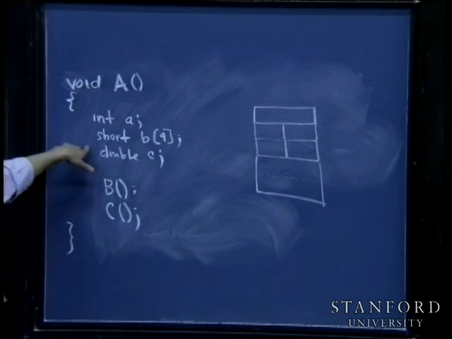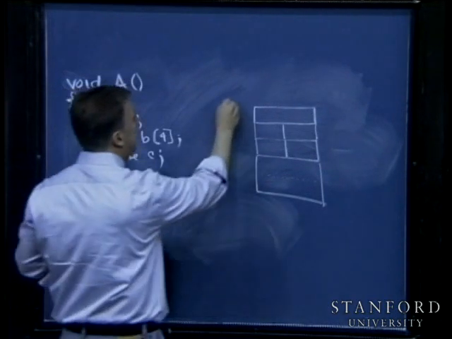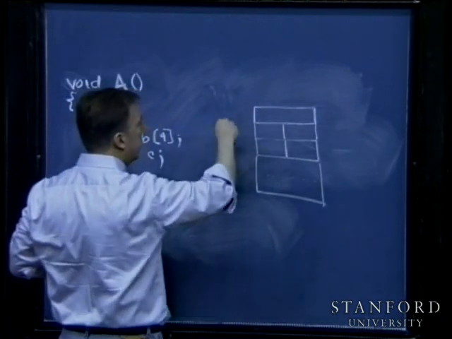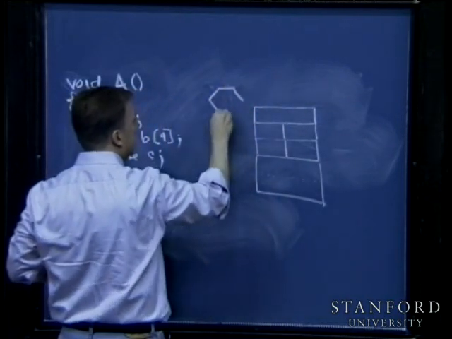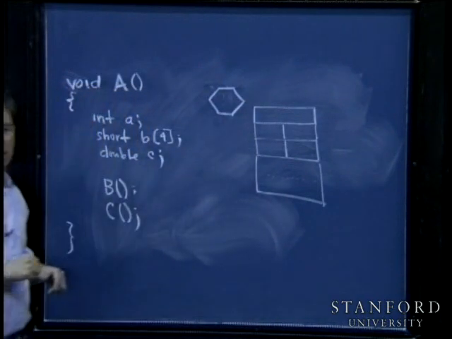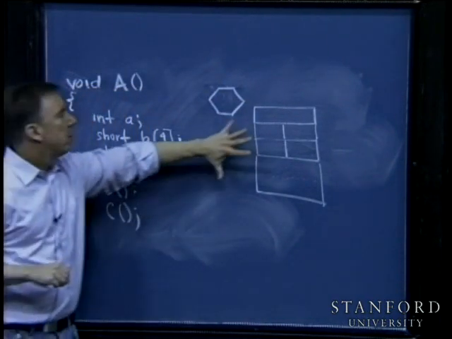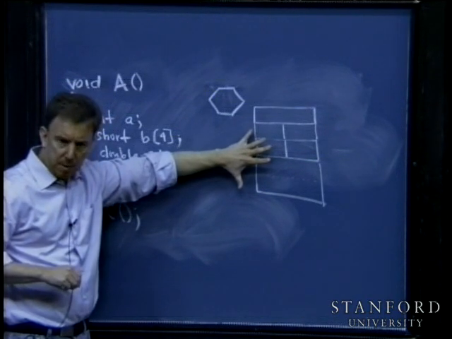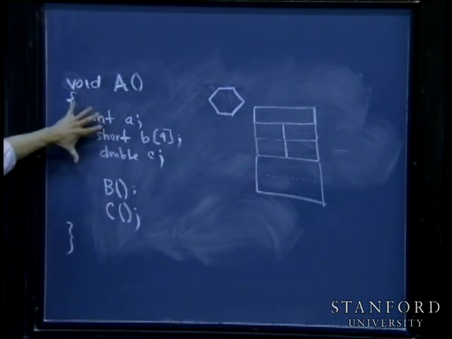When you call this a function, what happens is, I don't want to draw this entire thing again, so just let this little picture right here be abbreviated by the hexagon. This thing is what's called an activation record or a stack frame for this a function.